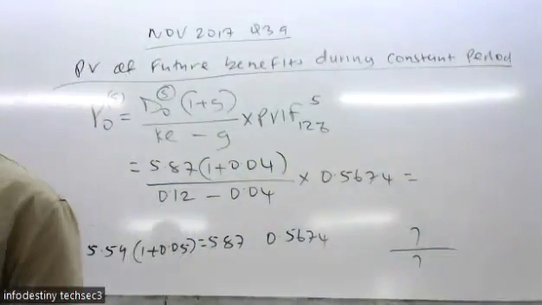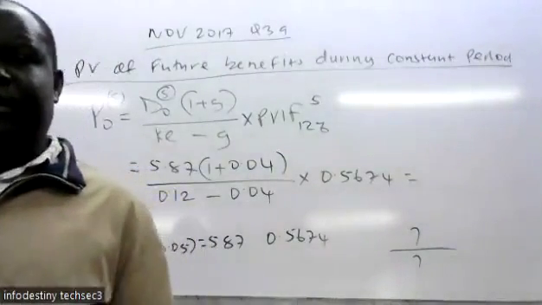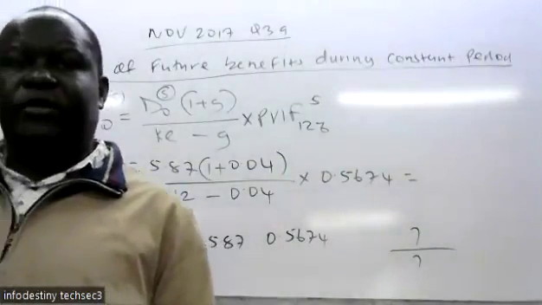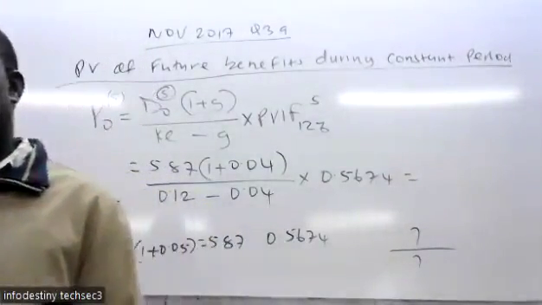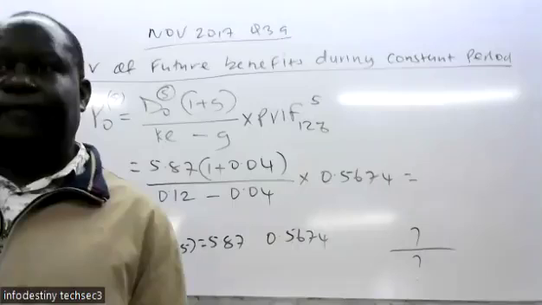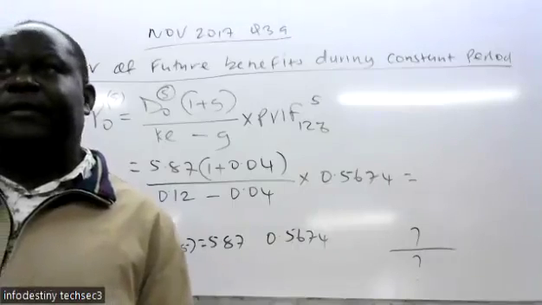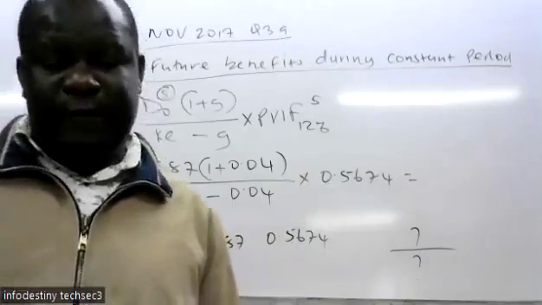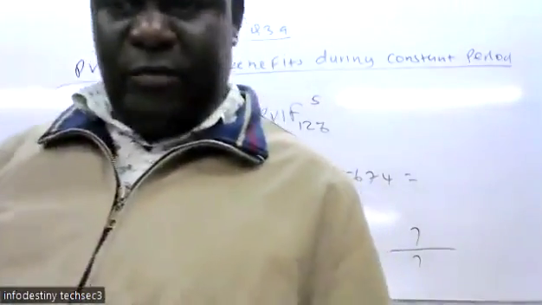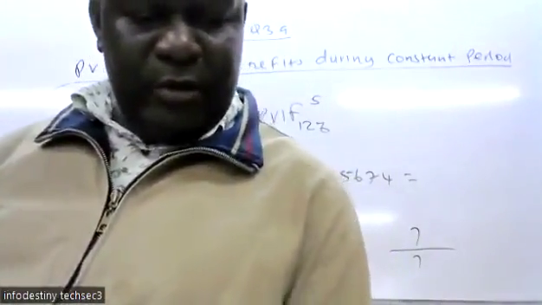So when you add the two figures together, what should be now the value of the ordinary share? 64.57. Online, you get which figure when you add them together?